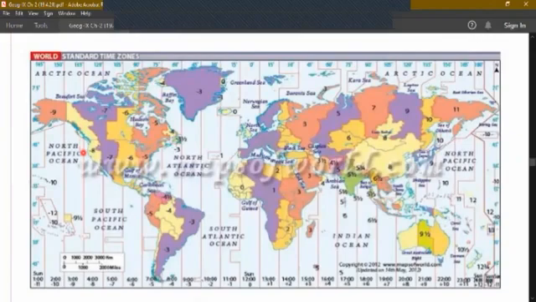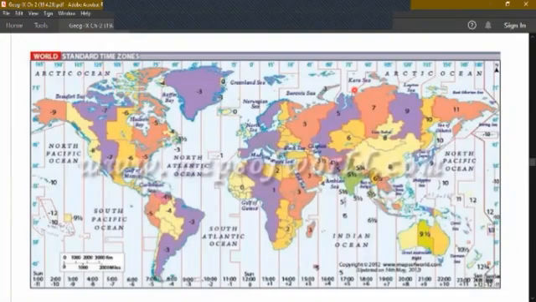India has one standard time zone, but other countries with a large east-west extent, such as Russia, Canada, and USA, have more than one time zone, as you can notice here and on this part.